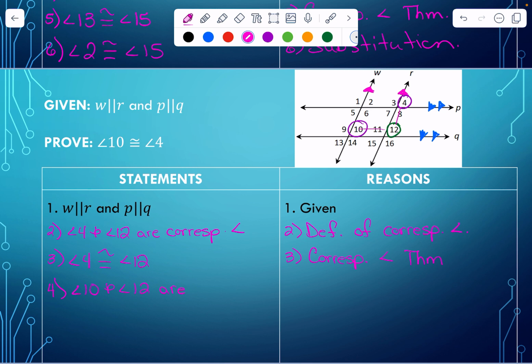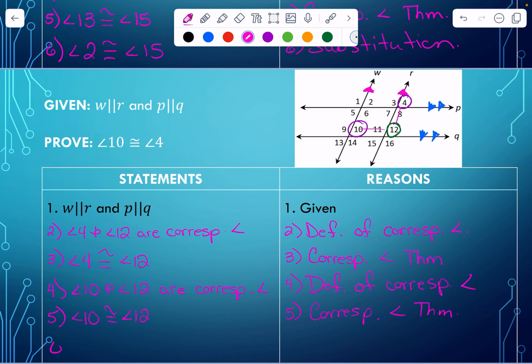Angle 10 and angle 12 are corresponding angles, definition of corresponding. Then step 5: angle 10 is congruent to angle 12, by our corresponding angle theorem.